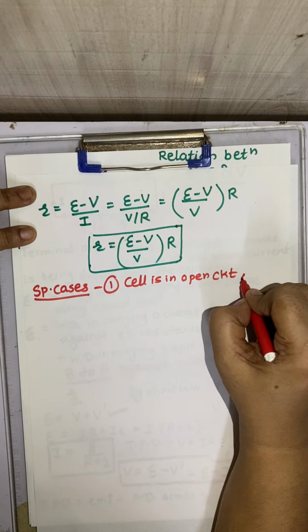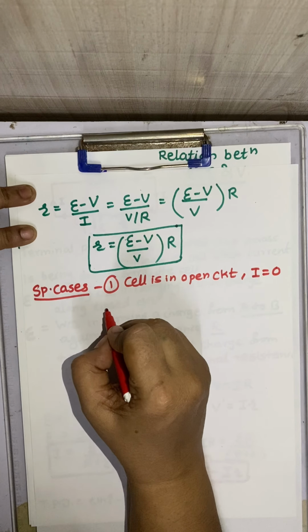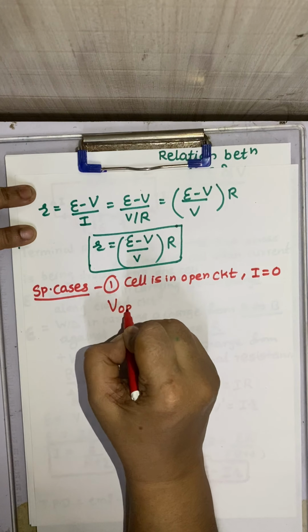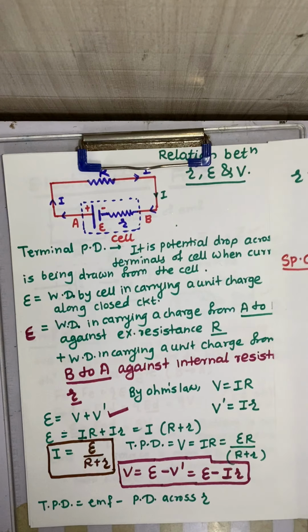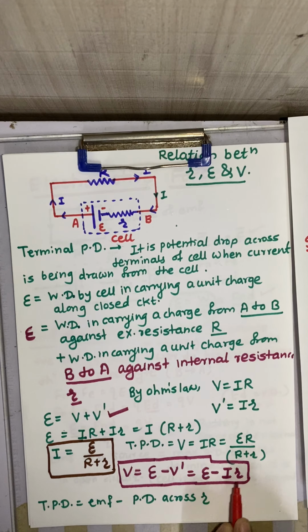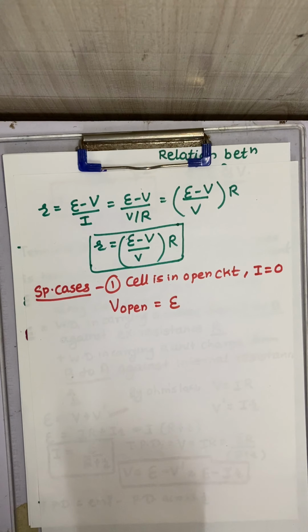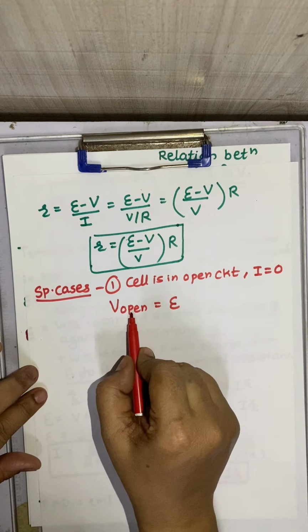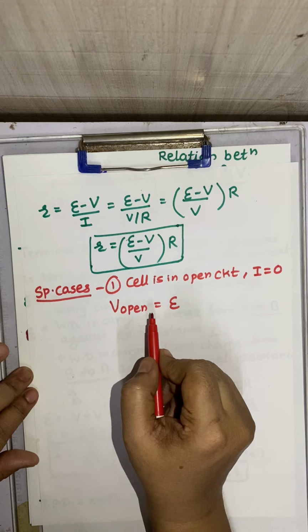That means when the circuit is open, I is equal to 0, and if I is equal to 0, then V open circuit is nothing but equal to E. You can see this in the expression V is equal to E minus Ir. When there is no current flowing through the circuit, V is equal to E, or the potential difference is equal to the EMF of the cell. So potential difference across the terminals of the cell is equal to EMF when no current is drawn from the cell.